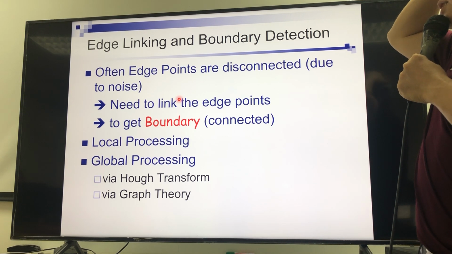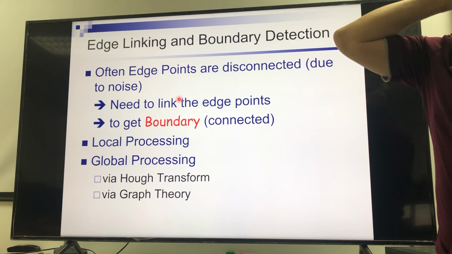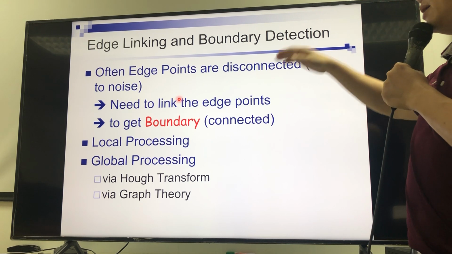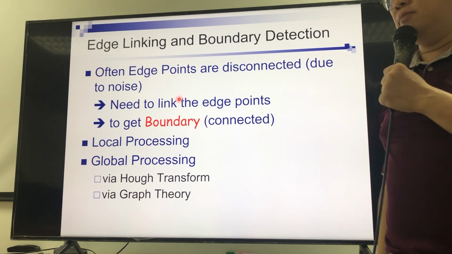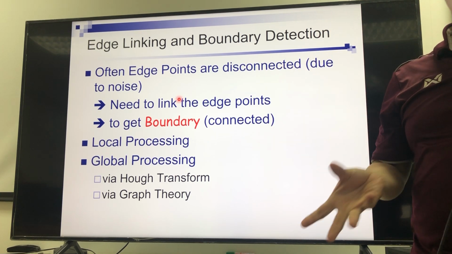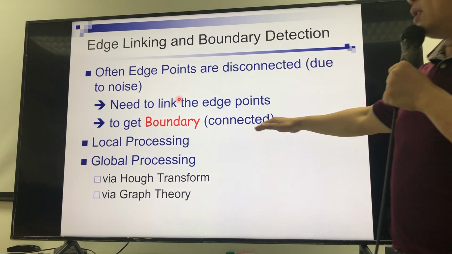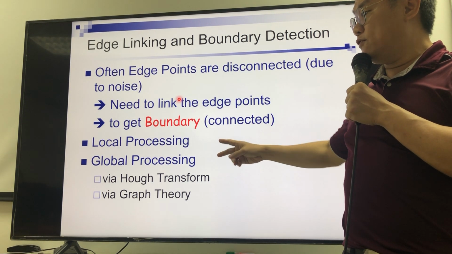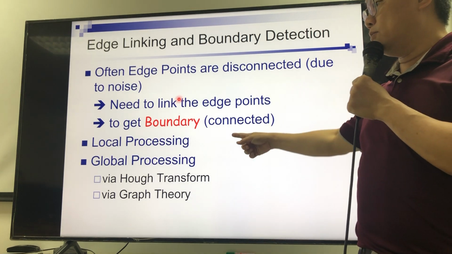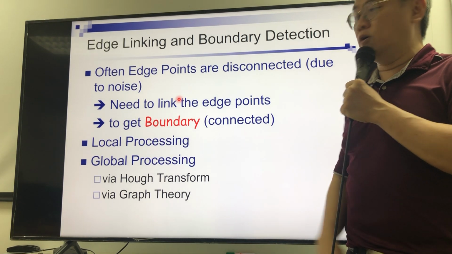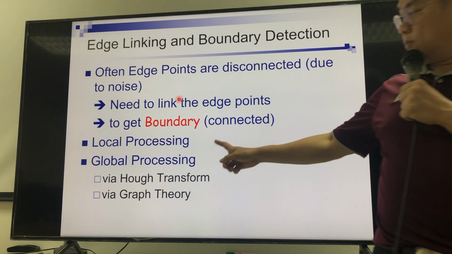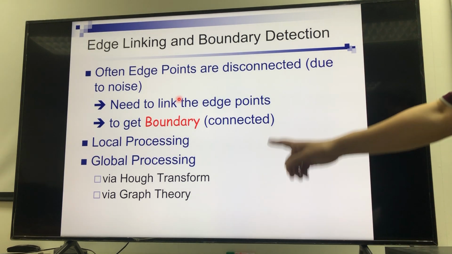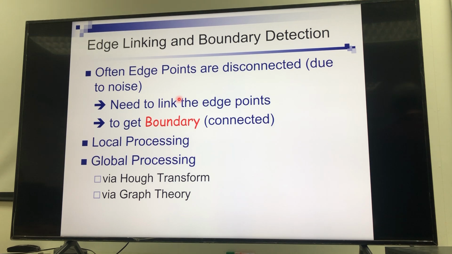A lot of times we need to link the edges together. To link the edges together, we form a boundary. A boundary means they are connected edges. We can apply edge linking in different ways: local processing and global processing. For the global processing, we're going to learn the Hough transform. The other way we do it is graph theory.